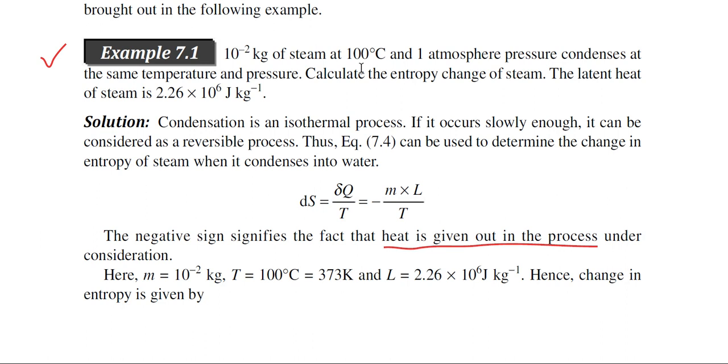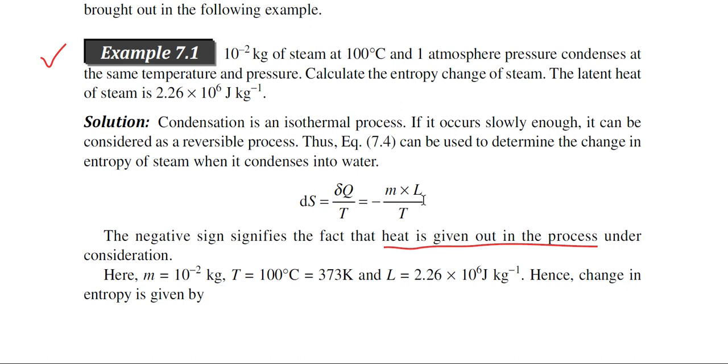That heat delta Q is equal to m into L. You have to remember that during a phase change, when steam is condensed into water or ice is melted into water, these processes are phase change processes. So, during this phase change the amount of heat evolved delta Q is given by mass m into L.